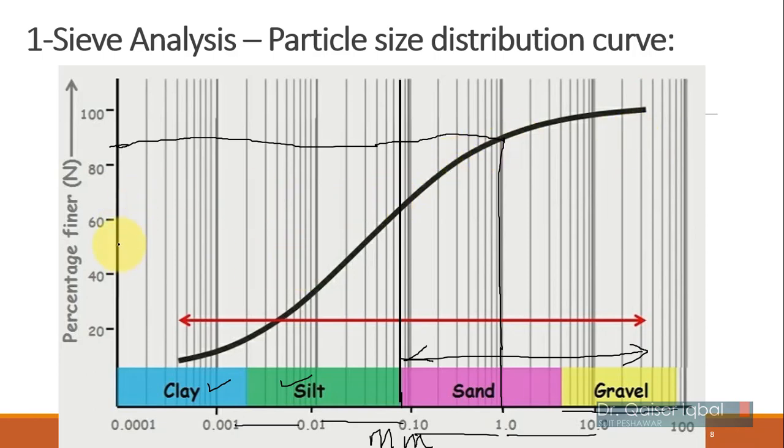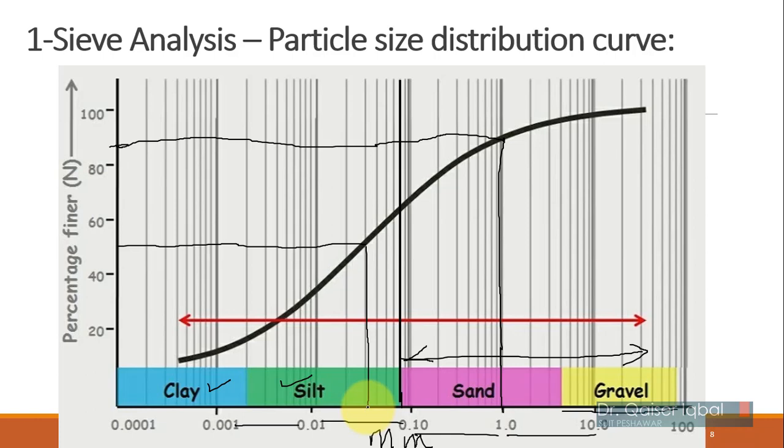Like if you want to see how much material is 50% finer, how much size is smaller than 50%, you can come here and see, if I drop the line over here, this is 0.1, 0.2, 0.03, yes, 0.03.